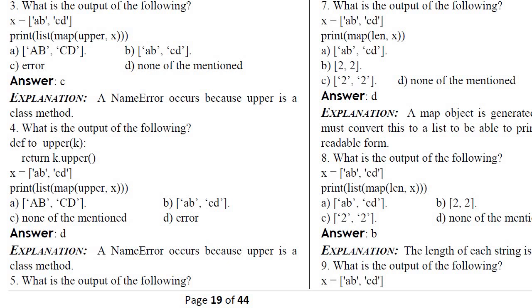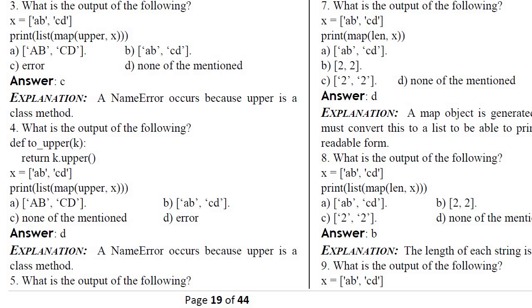Next: what is the output of the following? A, B, C, D, print map len x. Now if you see, list is defined over here and it says map len x. As you all know, a map object is generated by the map function, and we must convert this to a list to be able to print it in human readable form. But here it will print nothing.